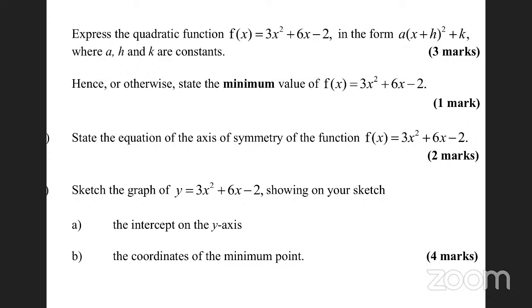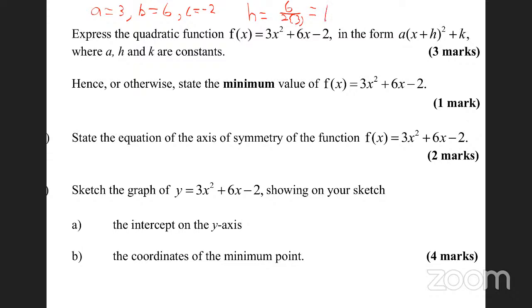All right, let's see how it went. First thing, we had to get H and K, right? So A is equal to 3, B is equal to 6, and C is equal to -2. H is equal to B over 2A, so I got 1.